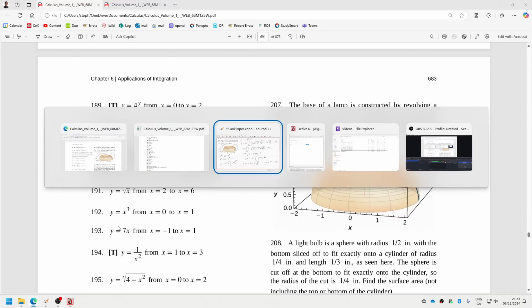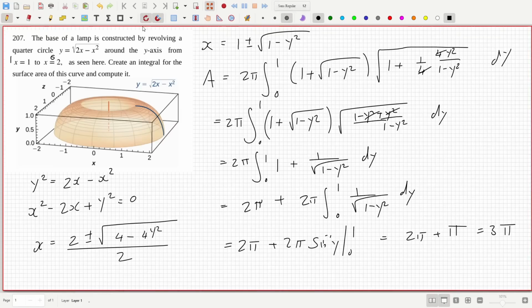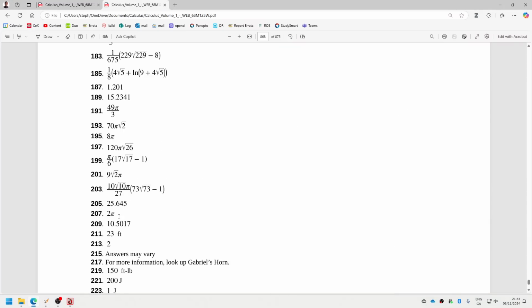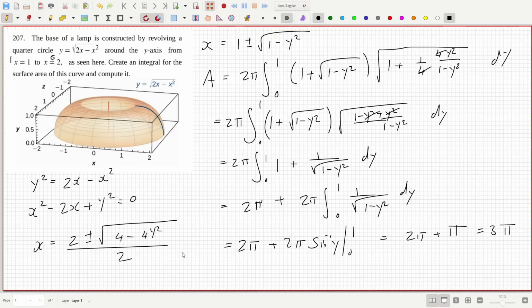I'm close. It is 2 pi. Maybe it's not sine inverse, or maybe I've missed something somewhere.